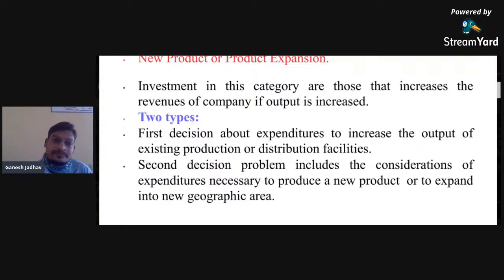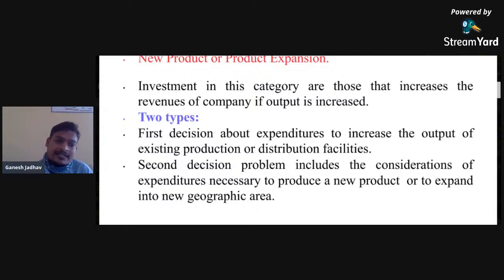So we can say that the new product and the new product expansion is an engineering strategy. Why is it required? To increase the output of the existing production. If production is increased through this particular new product, we are required to take on that new product or product expansion.